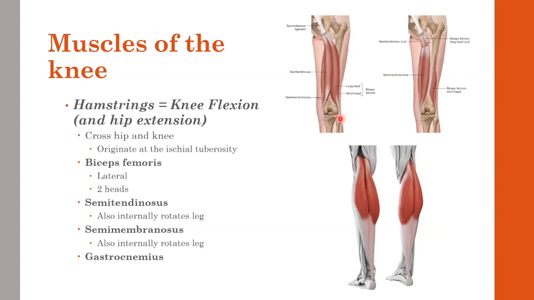Remember, our fibula bone is located on the lateral aspect of our lower leg, and our semimembranosus and semitendinosus insert on the medial aspect of our tibia. Remember, this will result in different actions as far as hip internal or external rotation is concerned, but since we're just talking about the knee, just know that all three of these muscles are primarily responsible for knee flexion, at least in the upper thigh.